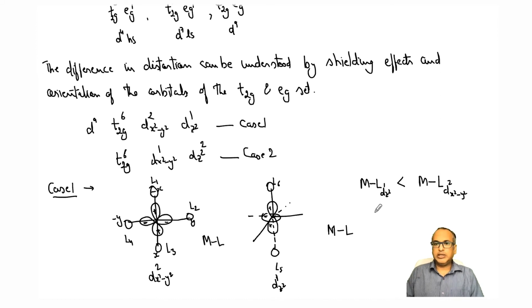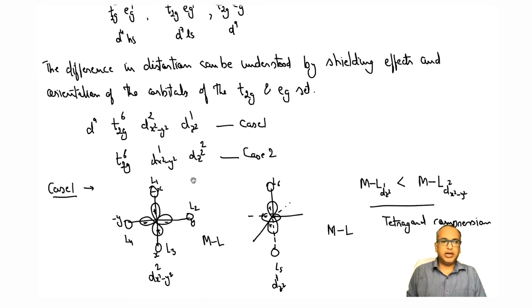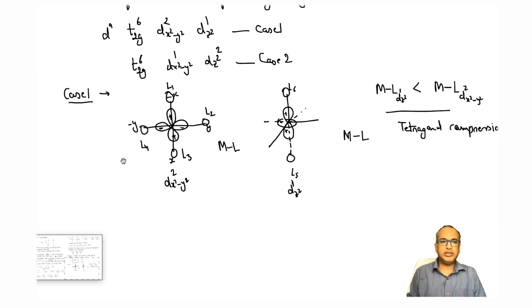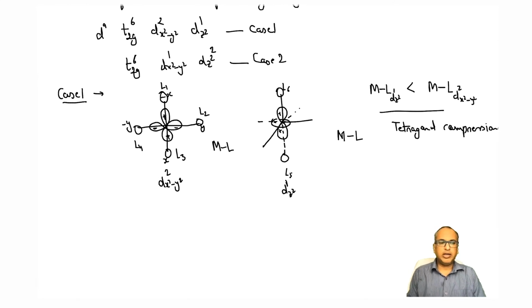Okay, so this particular case is called tetragonal compression. Tetragonal compression or any kind of tetragonal distortion will happen when there is a shortening or stretching of bonds along the z-axis, right?